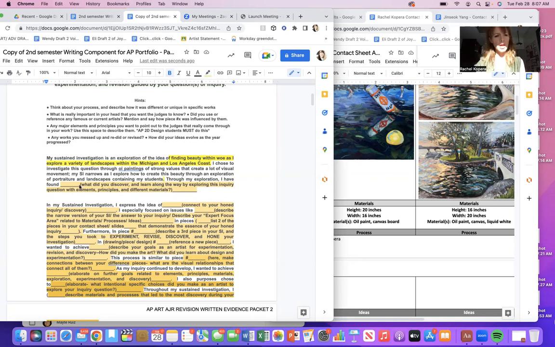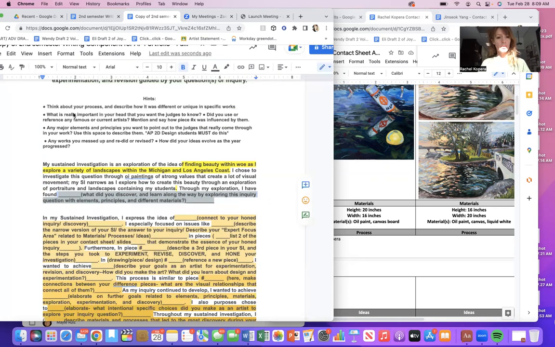Through my exploration, I have found, so this is where we list any sort of discovery. And I should have stopped and emphasized that in this writing, you don't want to get too touchy-feely and conceptual. You really want to talk about your process, your MPI. What are the materials? What is your process? So look at the hints up above, right?